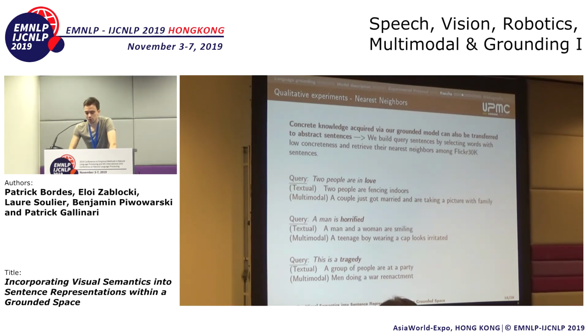Just for the first example, "two people are in love." With the textual model, it gives "two people are fencing indoors," so no relation. And with our model, "a couple just got married or are taking a picture with family." This was done on the Flickr30K sentences. We are much more able to capture the meaning of abstract words.